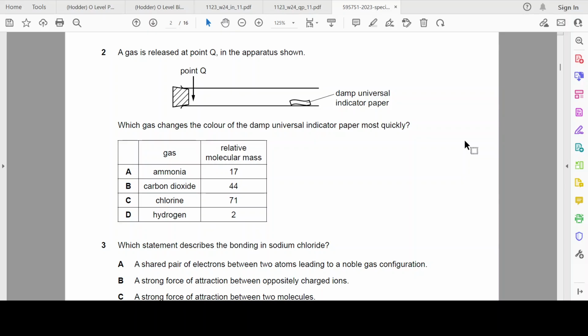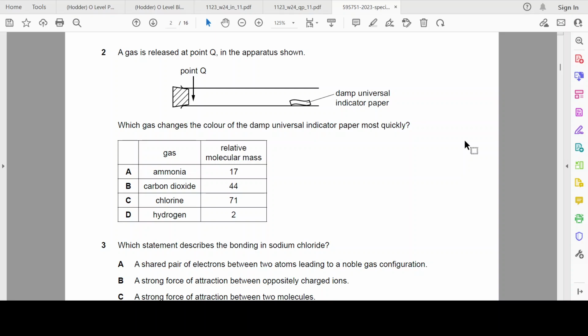So first of all, options B and D are eliminated because carbon dioxide and hydrogen will not cause any color change. Wait, I have a feeling chlorine will. Wait. Walk with me, okay? So first of all, you're eliminating options B and D because carbon dioxide and hydrogen are not going to cause any color change, and so you're only left with options A and C.